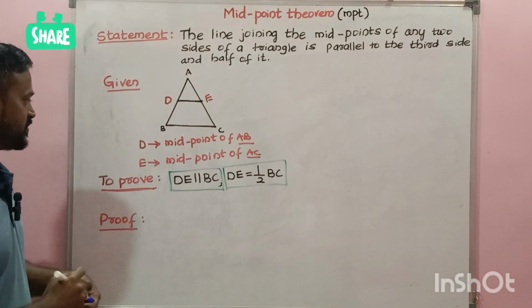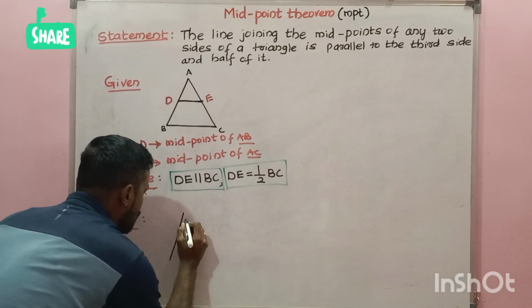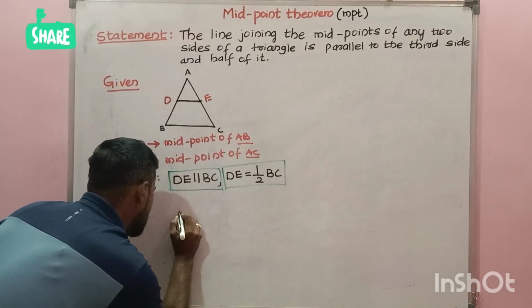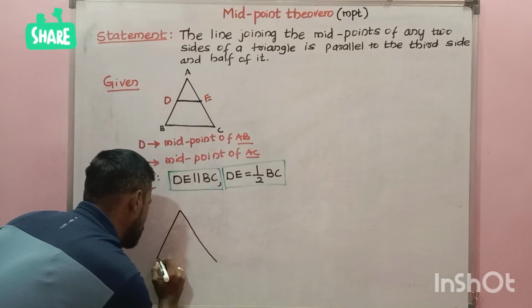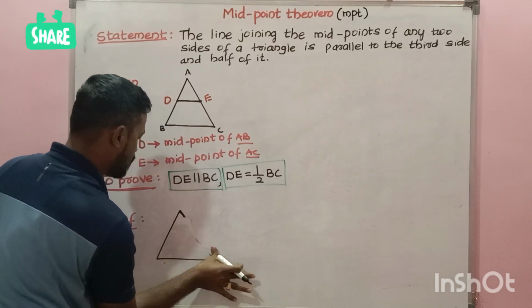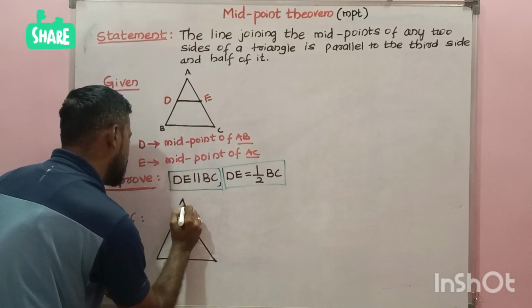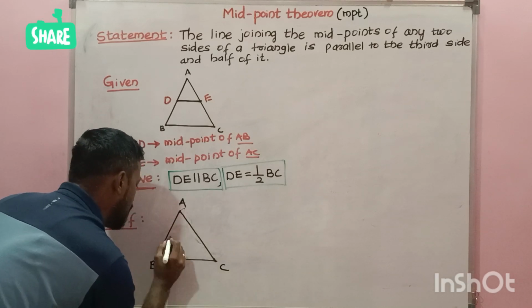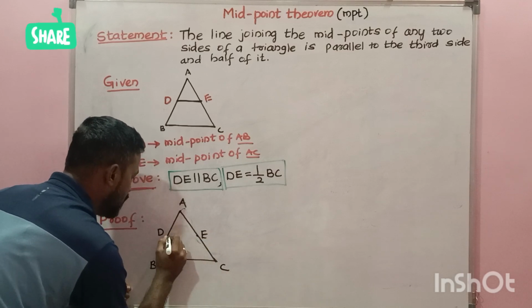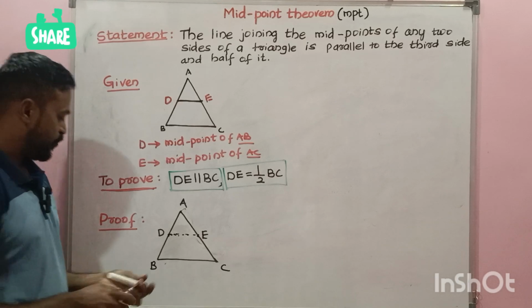Here let me draw a triangle. Let us name it A, B and C, and D is a midpoint of AB, E is a midpoint of AC, and let us join DE. Now the proof.